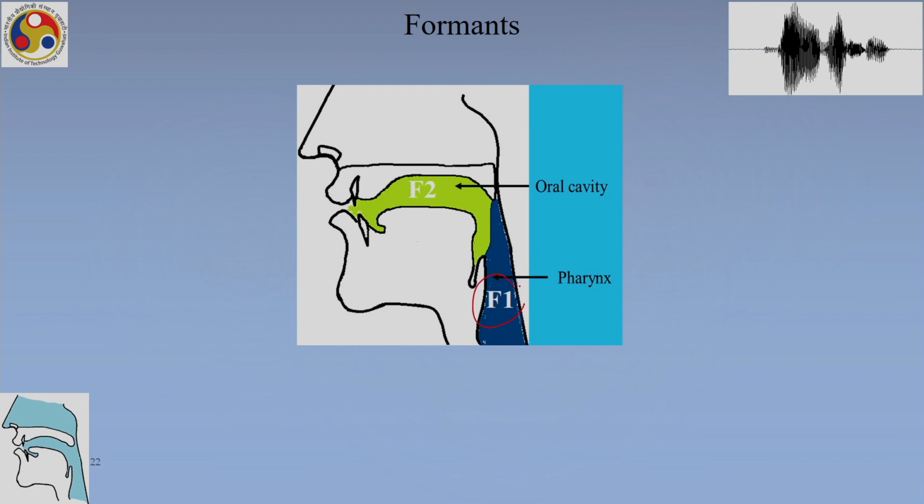Now, we are explicitly showing here which are the two chambers responsible for, suppose, F1 and F2.